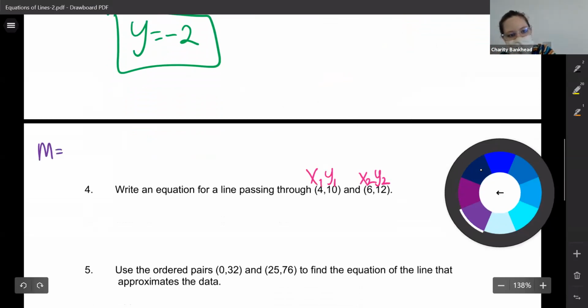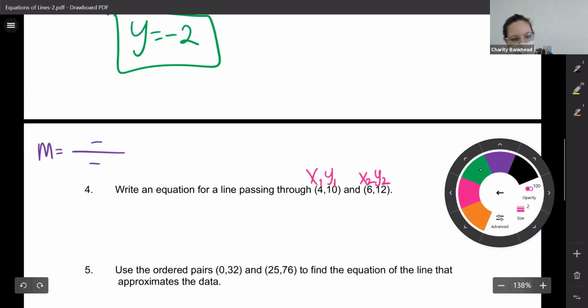So m equals 12 minus 10 over 6 minus 4. So that equals 2/2, which equals 1. So your slope is 1.